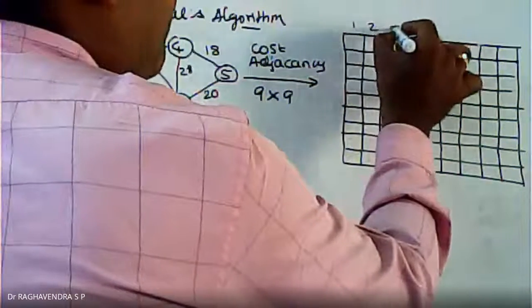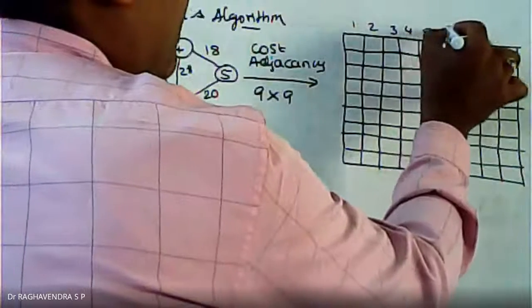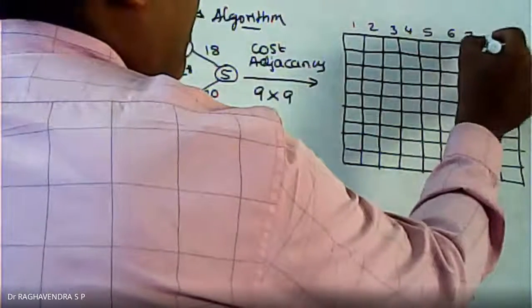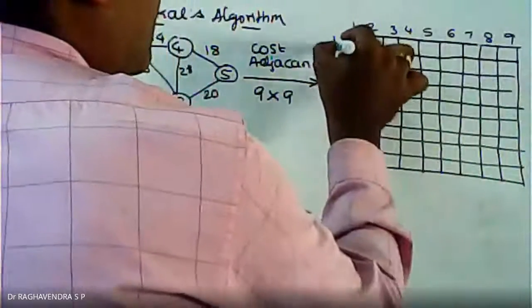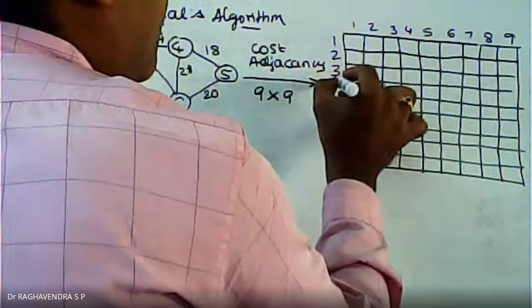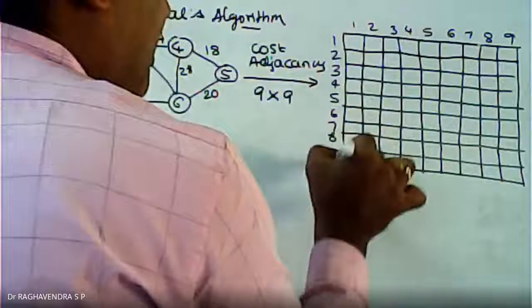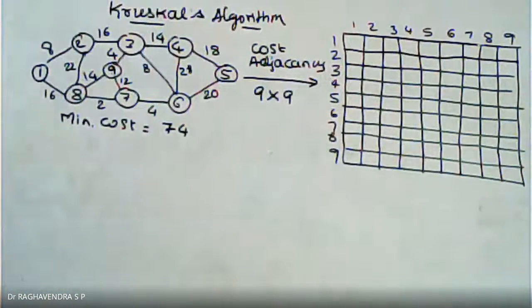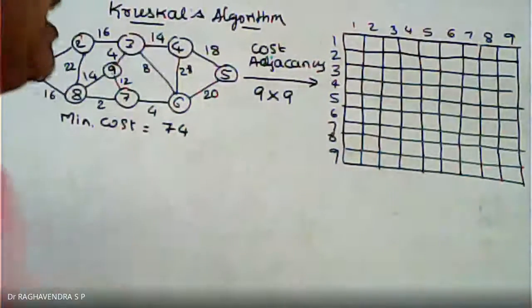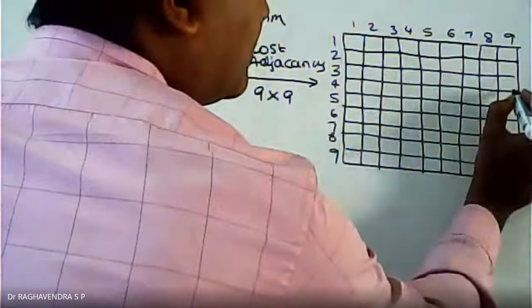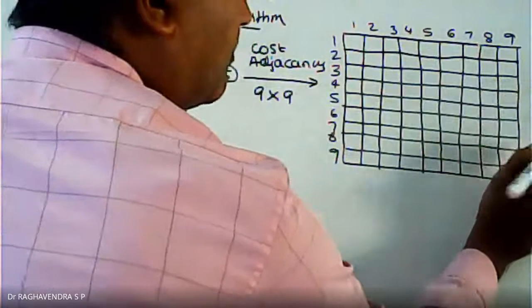So label the columns 1 to 9, and the rows 1 to 9. As usual, the principal diagonal will always be what? 0.